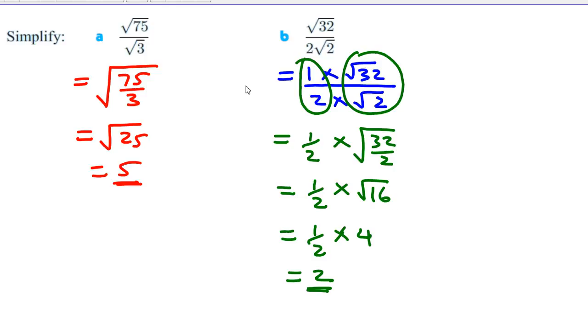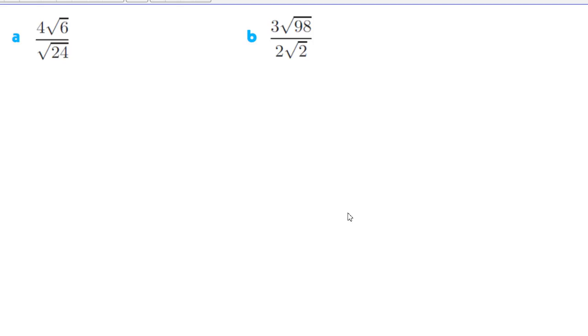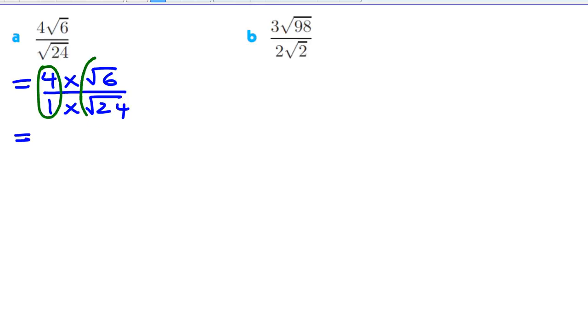I'll look at another 2 examples. Here you start by rewriting these fractions. So 4 multiplied by square root of 6 over, if you don't have anything, just write 1, 1 multiplied by square root of 24. Now I'll start by focusing on just these parts here.